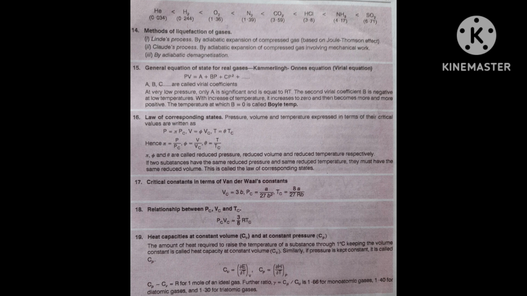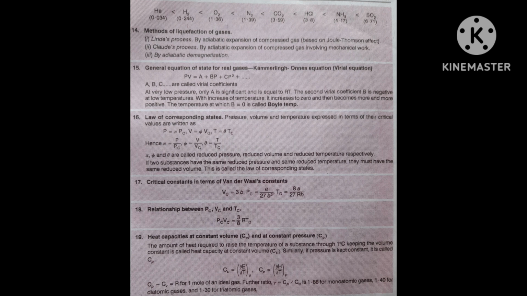What are A, B and C? A, B and C are called virial coefficients. At very low pressure, only A is significant. This is the important point.